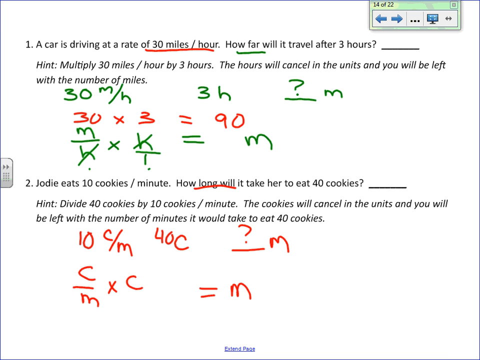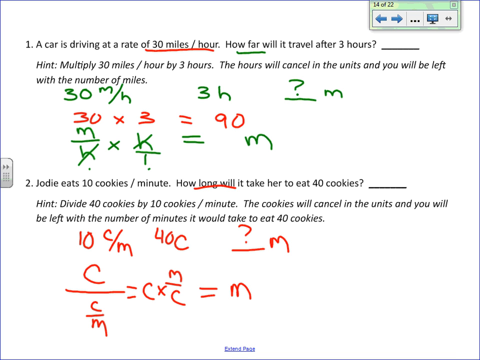If we divide that, which one goes on top, which one on the bottom? So we take c divided by c over m, which then is c times m over c.